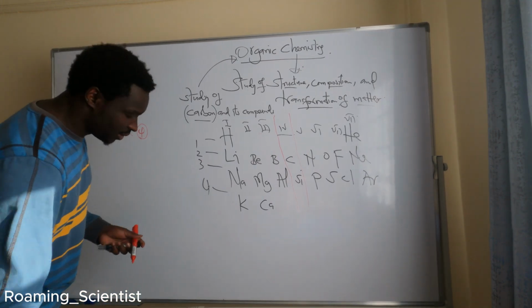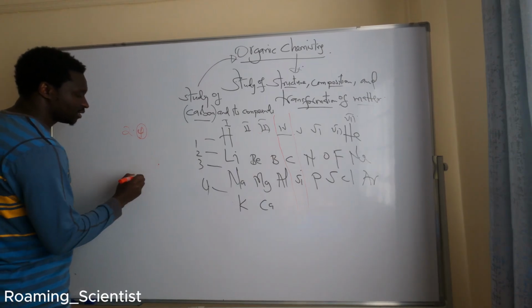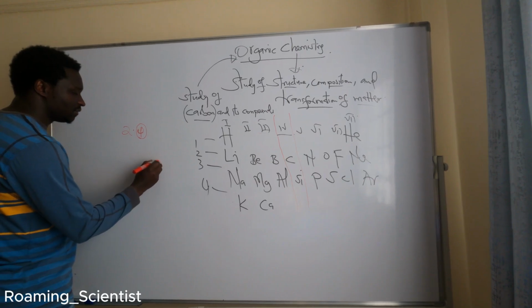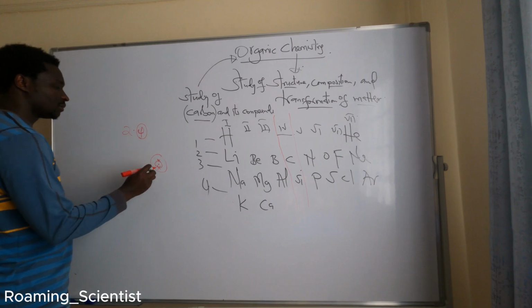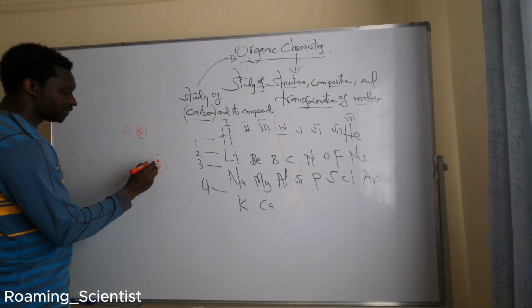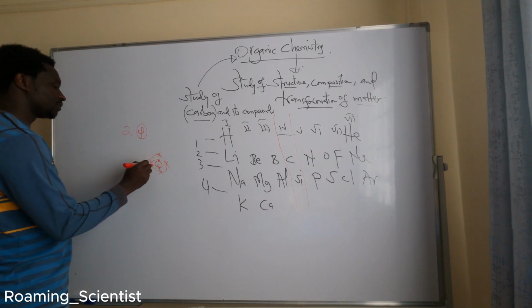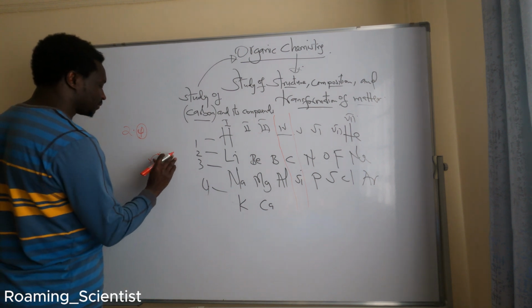And so its Lewis configuration could be something like, assuming that is the nucleus and that is the first energy level, and this is the second energy level with 4 electrons.